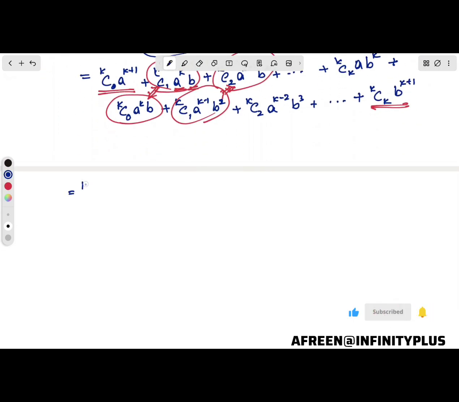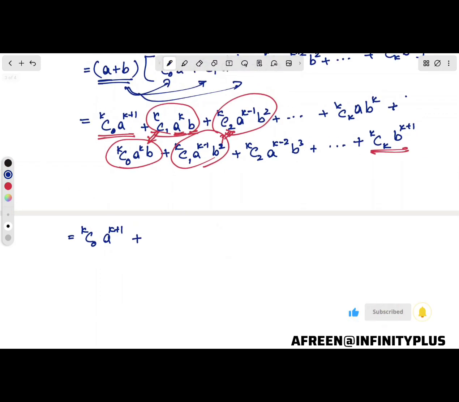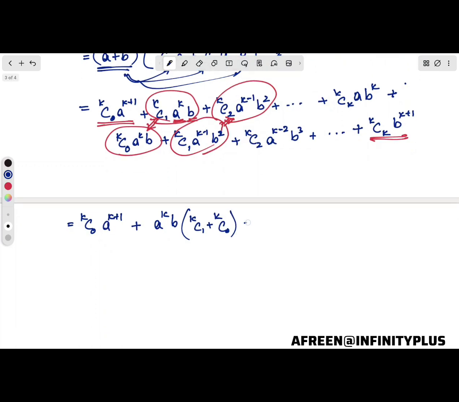Now kC0 a^(k+1) will remain as it is, plus now you can observe that from these two you can take common as a^k and b. So what's remaining? kC1 plus kC0, plus again from these two you can take common as a^(k-1) into b^2. So what's remaining?